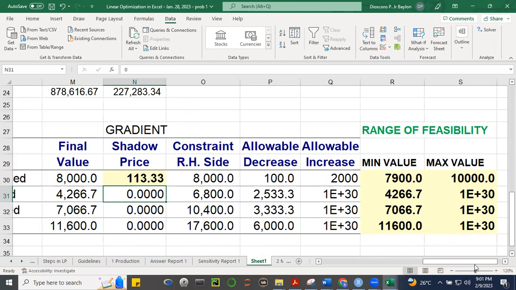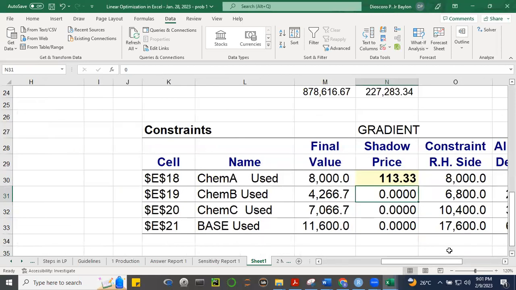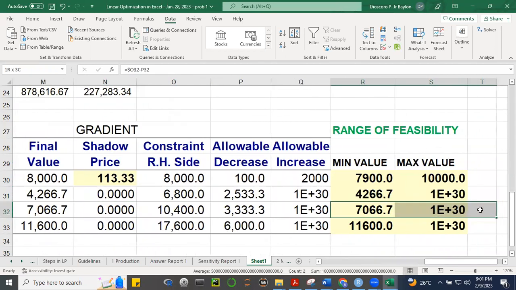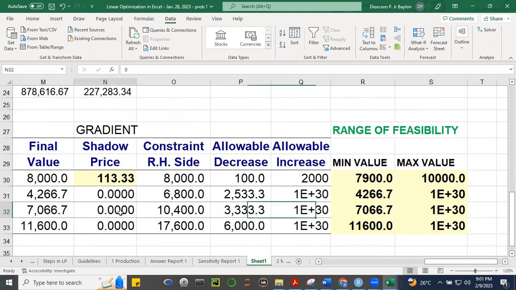Ganon din si chemical C. Within this range of feasibility, kahit na gawin natin yung available kay chemical C, kasi ngayon 10,400, gawin natin 1 million yan. May effect ba yan sa shadow price na 0? Wala. And again, ililink natin sa shadow price sa objective function.